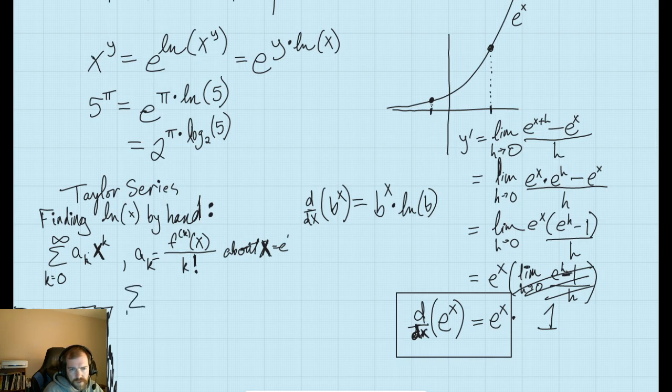Okay, so we do this, we say that we're going to go k equals 0 to infinity of the kth derivative of natural log of x minus e over k factorial, evaluated at a equals 5.